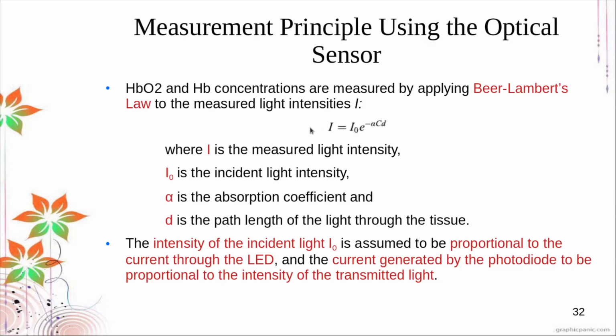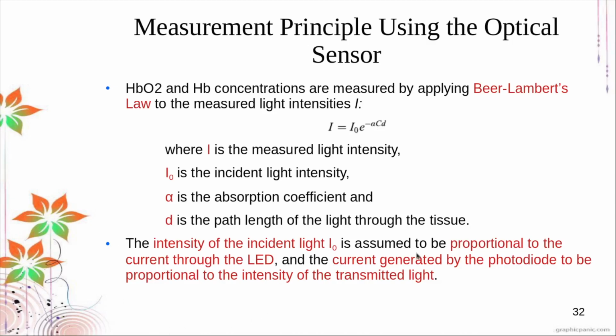So here is the measured light intensity, this is the incident light, the light from the source, and then this is the transmitted light intensity. You have the absorption coefficient, which is a constant, and your path length, the amount of the path it follows through the tissue. And lastly, you have C as the concentration.